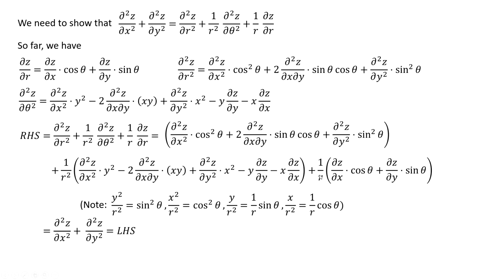There's a plus 1 over r partial z with respect to y sine theta. They add up to 0. Similarly, x over r square is 1 over r cosine theta. And so 1 over r cosine theta partial z with respect to x with a negative, and 1 over r partial z with respect to x cosine theta with a positive, they add up to 0. Cool. And so the only things that survive are this, and that is in fact the left hand side.